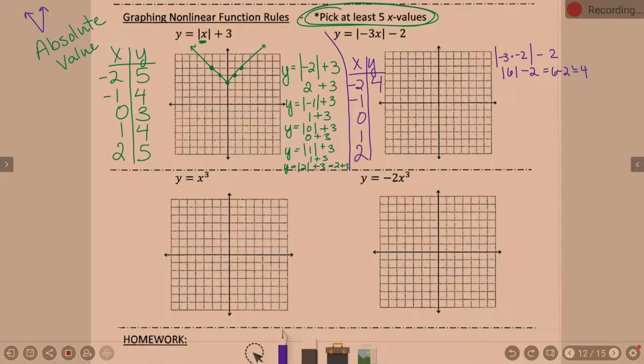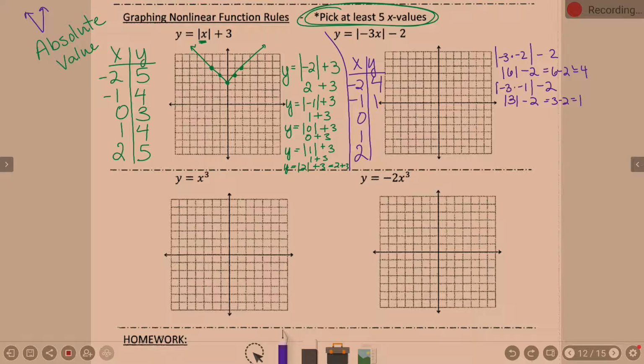Repeat the process. Absolute value of -3 times -1 minus 2. Work inside those bars. -3 times -1, positive 3. What's the absolute value of 3? 3. And 3 minus 2 is 1.